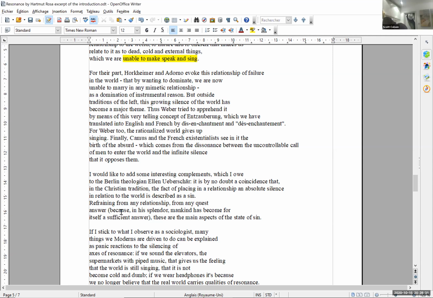Refraining from any relationship, from any quest, answer, because in his splendour, mankind has become for itself a sufficient answer. These are the main aspects of the state of sin. So I apologize. I wasn't able to edit those two sentences well. I hope you get the general meaning of this paragraph.